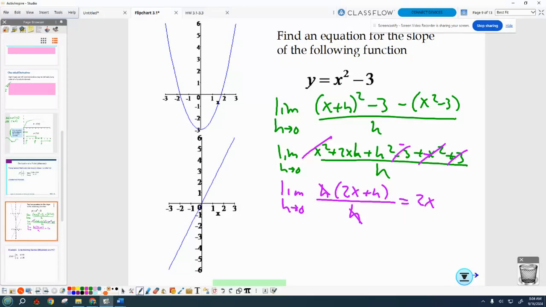So if I drew tangent lines on this, here it's a pretty sharp negative. Here it's still negative, but less negative. Here it's like negative 1. Right at the vertex, go figure, it's 0, it had a horizontal tangent line.